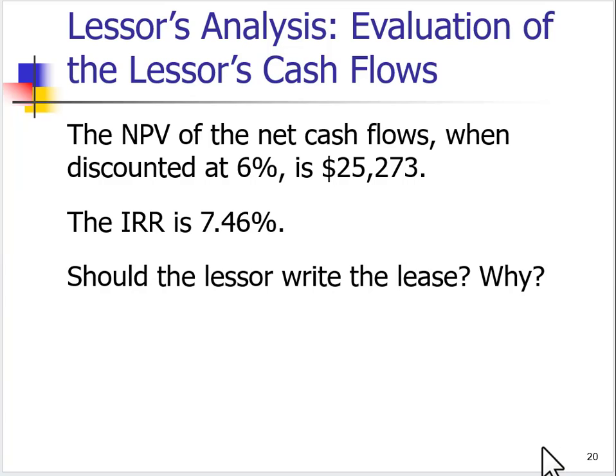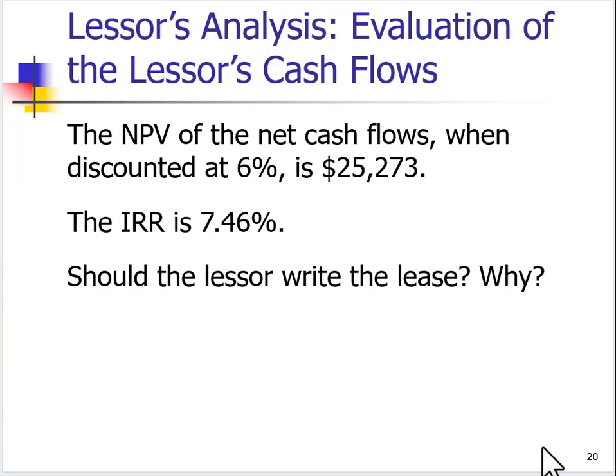Why should they? Well, if the discount rate is 6% and this cash flow is going to give you 7.5%, that makes sense. And of course, the net present value is positive, so that makes sense. This would be a good lease if we could lease it at $280,000, as a negotiation point.